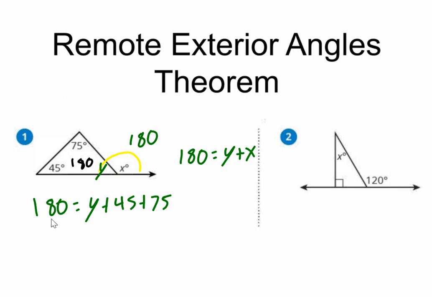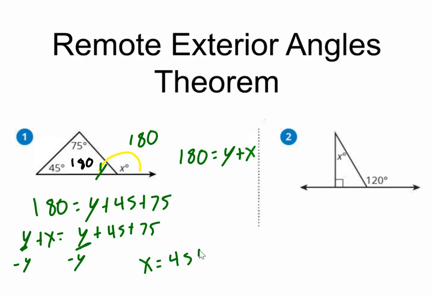Both are equal to 180, so let me just substitute the 180 out, and I can say y plus x equals y plus 45 plus 75, and then both sides have y, so I'll subtract y from both sides, and I get that x is equal to 45 plus 75.